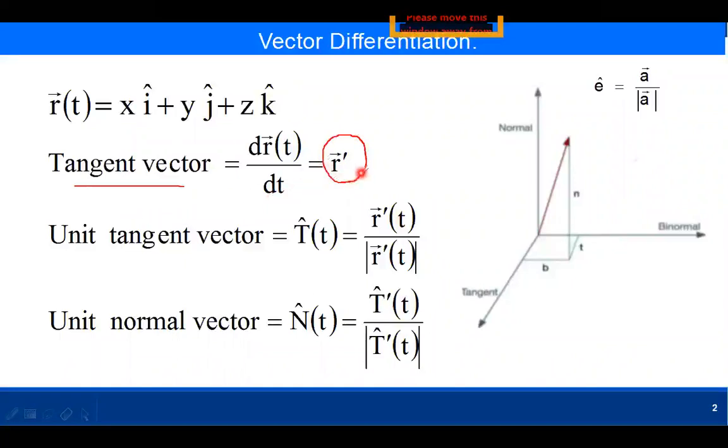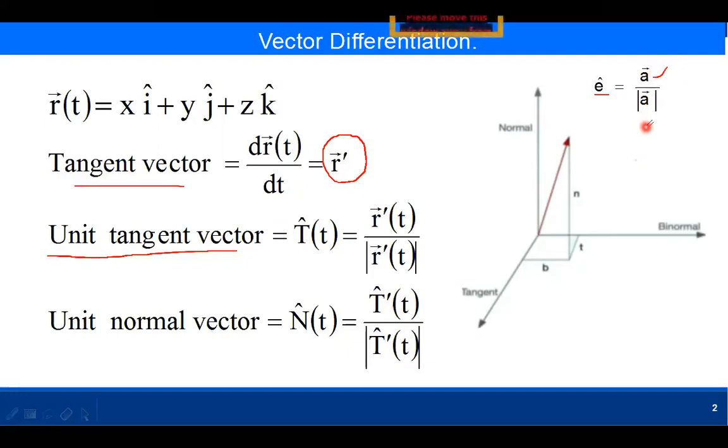Now what is the unit tangent vector? Generally, suppose a bar is any vector, then how do we find the unit vector along the direction of a bar? That is denoted by a cap equal to vector a upon magnitude of a. Similarly, how do we calculate the unit tangent vector?